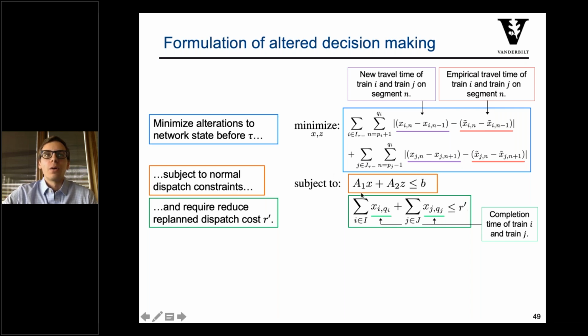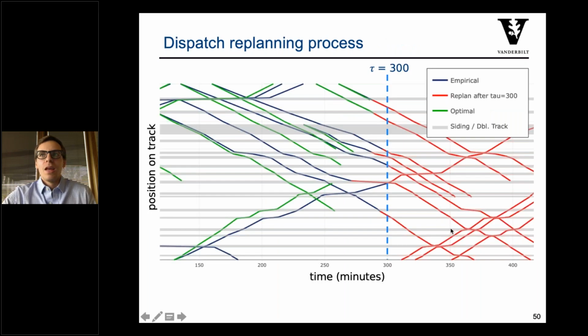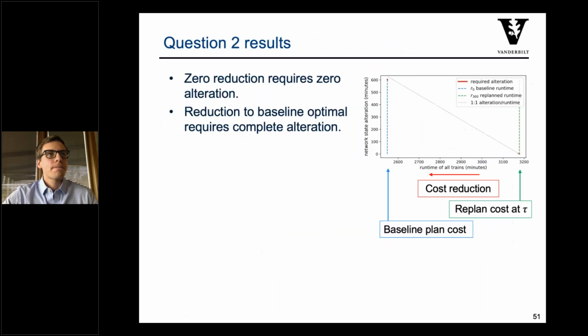But very importantly here, you'll see the normal dispatch problem constraints. So this is just a modification of the objective function and the addition of one small constraint. I'll explain this graph fairly quickly so that we can get to what this looks like in terms of a string line diagram.